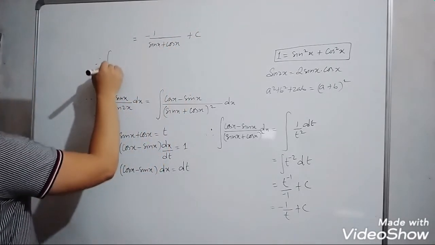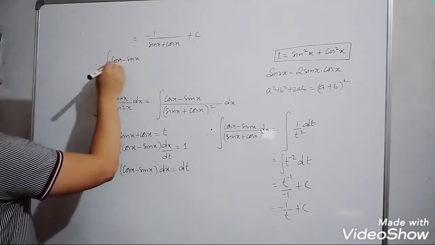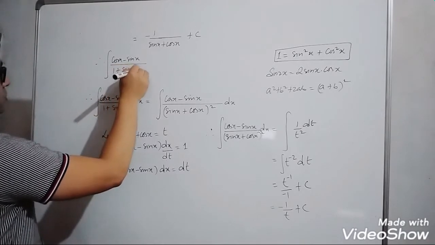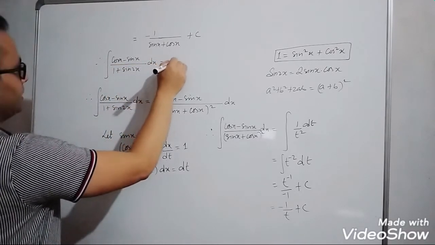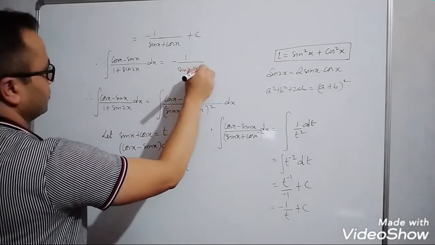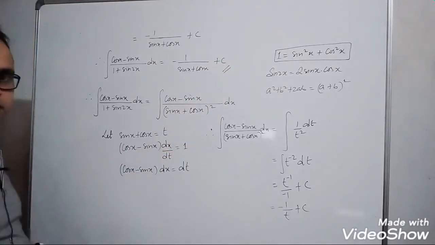Therefore, the integration of cos x minus sin x by 1 plus sin 2x dx equals minus 1 by sin x plus cos x plus c. Now this is the answer of question number 14. Okay, this one for today. Thank you.